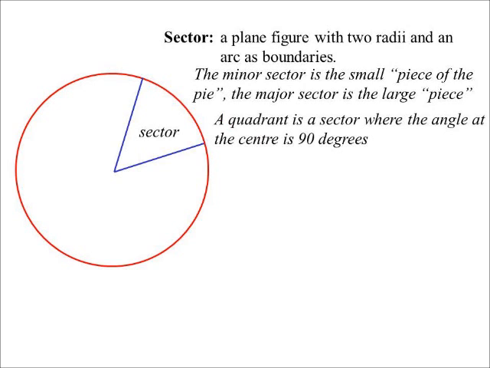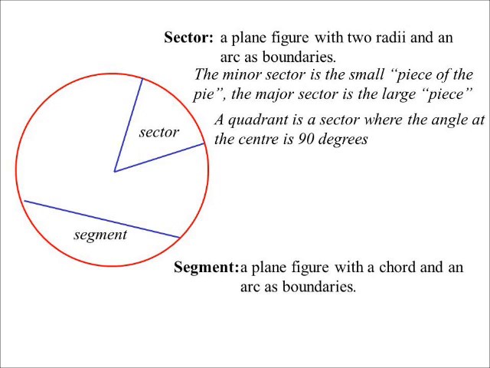Now, a quadrant is also a special type of sector, but that's the one where the angle at the centre is 90 degrees. So basically there would be 4 quadrants in 1 circle. Right. A segment, the boundaries this time are a chord and an arc, a piece of the circumference.